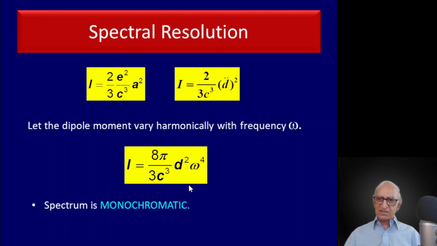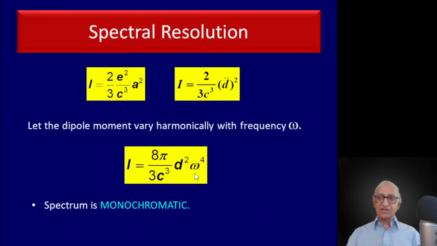Now please notice that the spectrum of radiation is monochromatic. There is only one frequency that I have written there, and that frequency is omega. What is that frequency? That is the frequency of the oscillation. Now the charge could be oscillating either in one dimension or in two dimensions, which is the same thing as going around in a circle, because two simple harmonic oscillators at 90 degrees is the same as a circular motion.